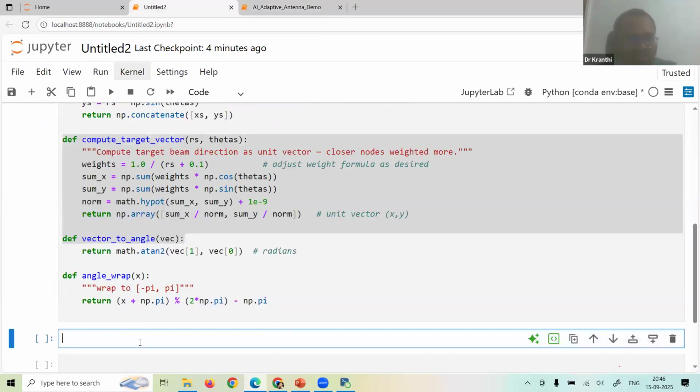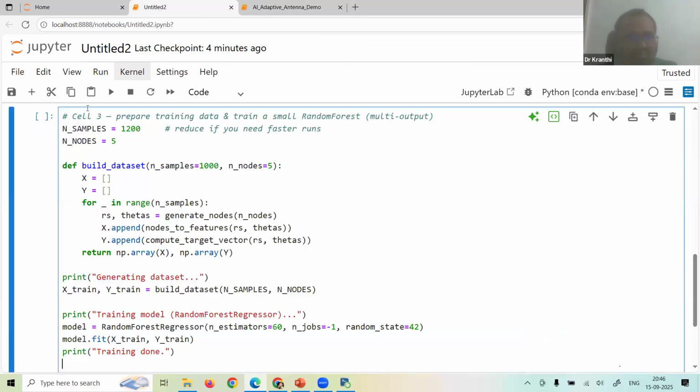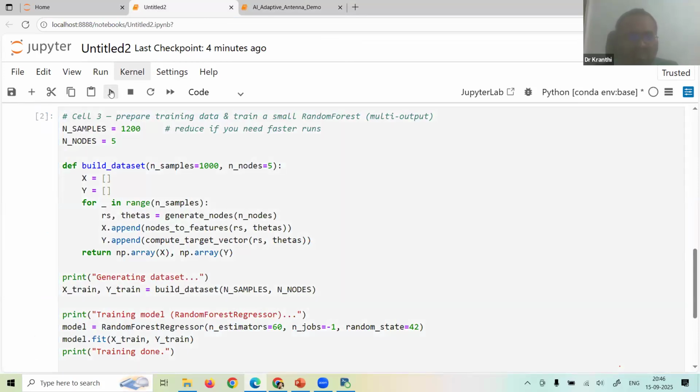this one, the second set. So here the assumption is I take some sample sets. In the previous code snippet, we took one particular base station and generated some 5 to 6 IoT nodes.